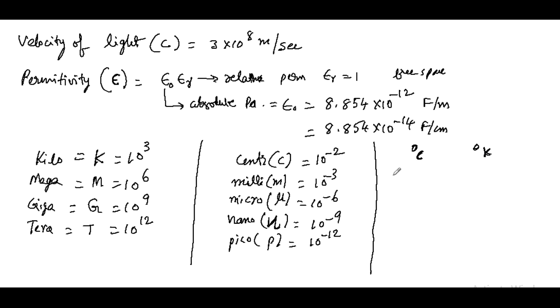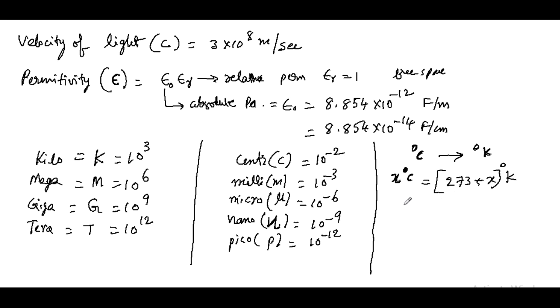If you want to convert a temperature from x degrees Celsius to kelvins, then you add 273. So the formula is 273 plus x degree kelvins. This formula is used to convert centigrade to kelvins, and whatever the centigrade value is, write that value directly here.